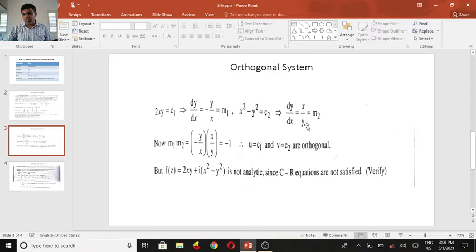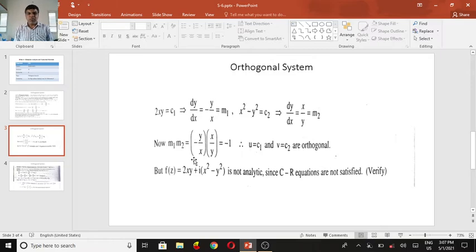I call this slope m2. Again, I take the product m1 into m2. m1 is minus y by x, m2 is x by y. So they cancel, and it becomes minus 1. So u equal to C1 and v equal to C2 are orthogonal, because the product of the slopes becomes minus 1.